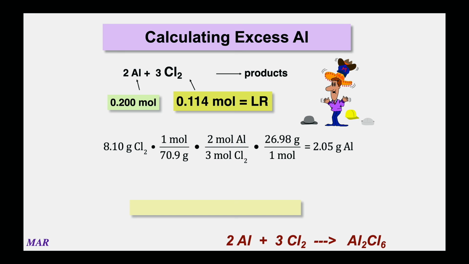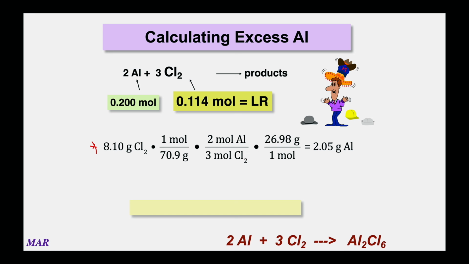Back to the numbers we used earlier. We saw that there were 0.20 moles of aluminum and 0.114 moles of chlorine, the limiting reactant, and we found out then that we have to base our calculations on chlorine. So at this step right here, we're taking the grams of chlorine, turning them into moles. We're then going moles of chlorine to moles of aluminum.